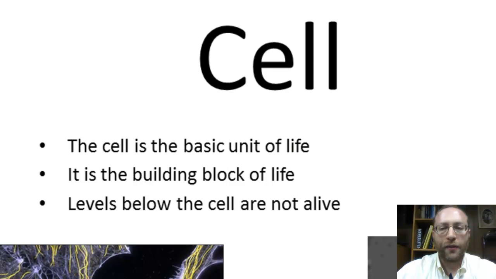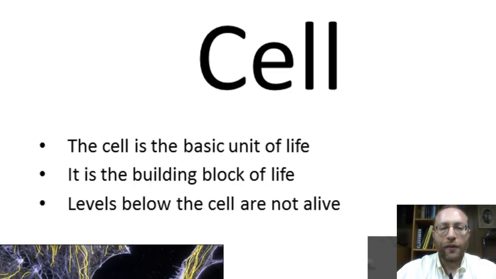Then we come to the cell. And the cell is the basic unit of life. It's the building block of life in that tissues are composed of cells. And once you go below the level of the cell, which we will be doing in this unit, looking at organelles which make up the cell, those things are not alive.